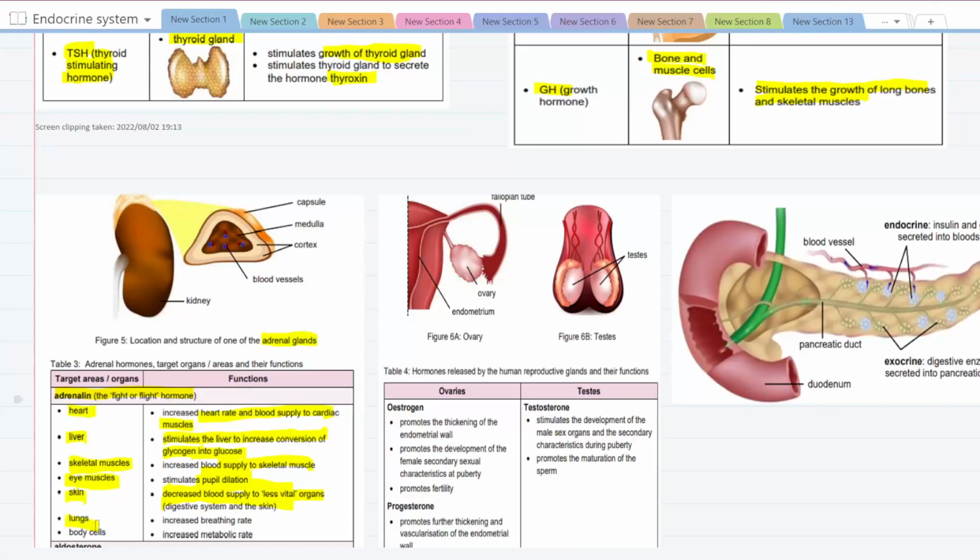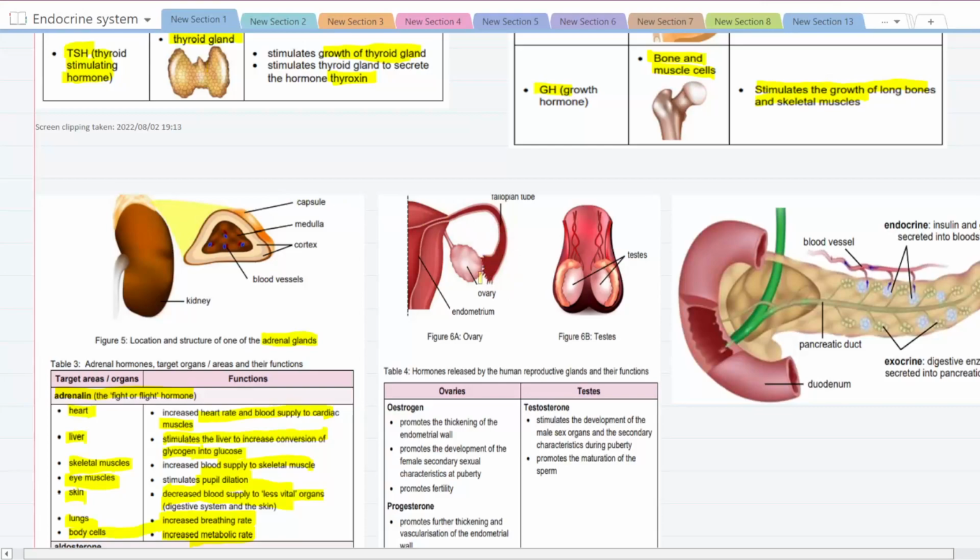And also the lungs, so that you can exhale enough carbon dioxide and inhale enough oxygen, which is also needed for cellular respiration. And the body cells, we know that the metabolic rate will increase. Metabolic rate refers to the cellular respiration of producing that energy that you need to escape that situation.